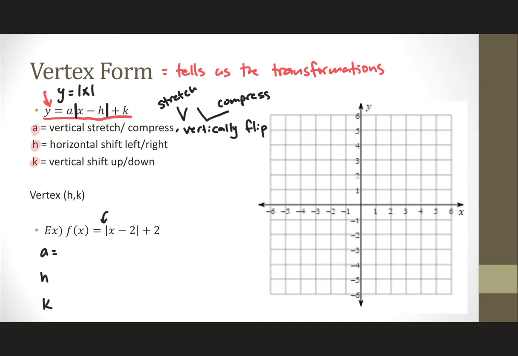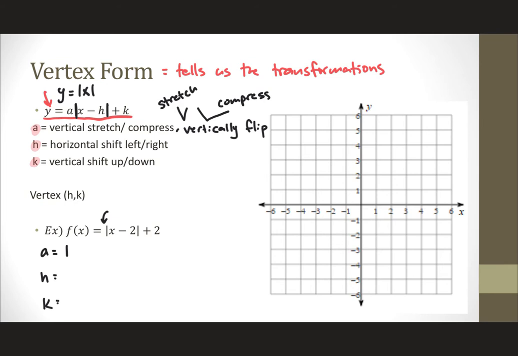But since there's not a number there, I know A has to be 1. A is being multiplied to the whole equation, so if it's not there, it has to be 1. It won't be 0, because if we multiplied 0 to the whole equation, then it would all just go away. So if it's not there, A is 1, nothing happens, it doesn't do anything.